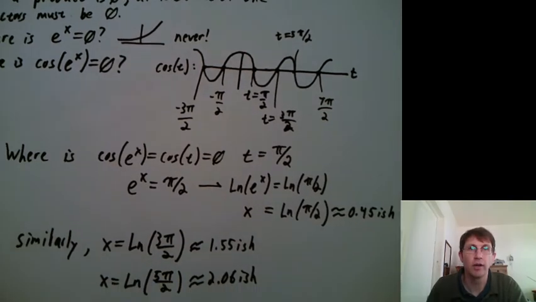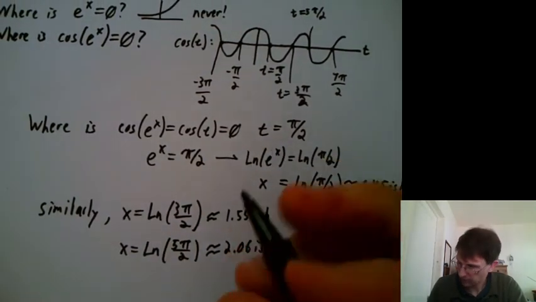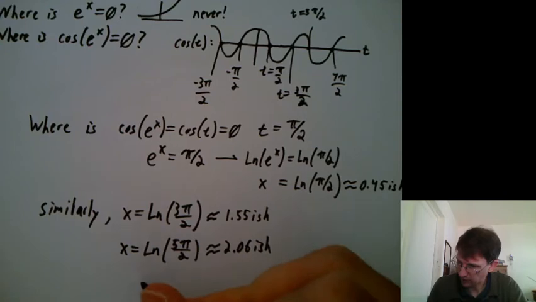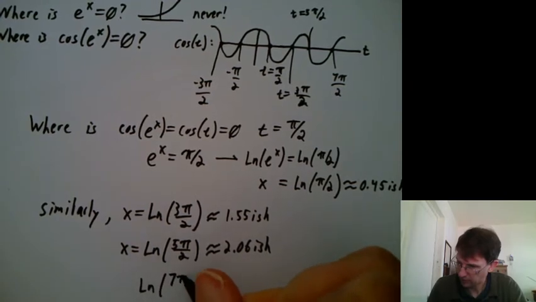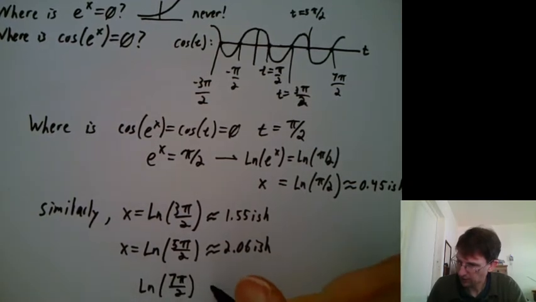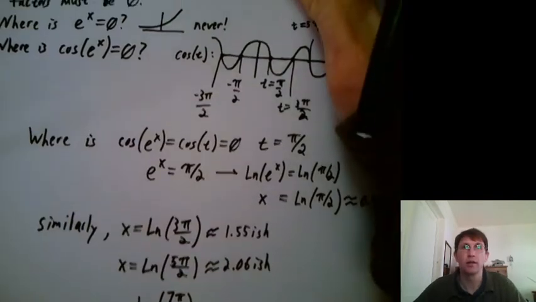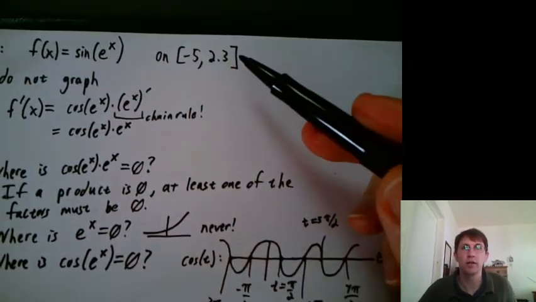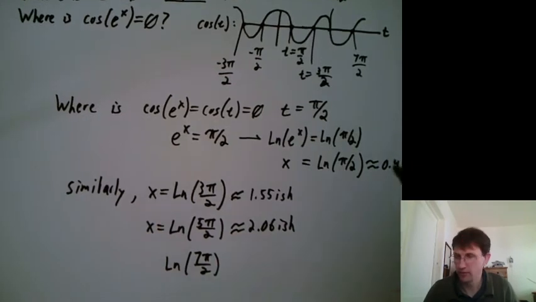So we could keep going that way. Actually, what about 7 pi over 2? That turns out to be bigger than 2.3 here, so it's outside the interval we want.